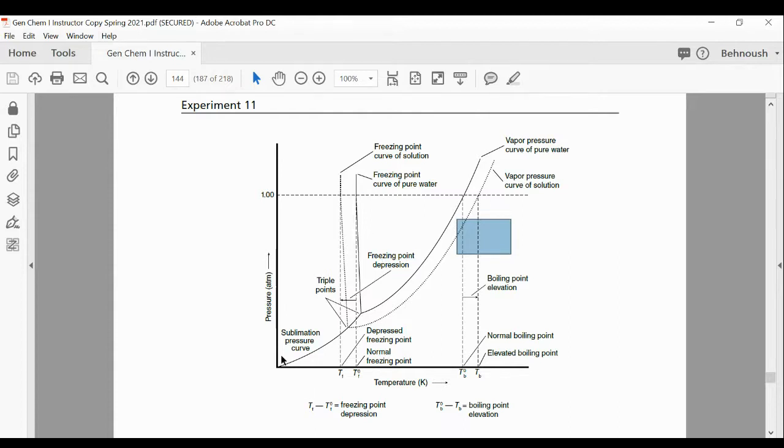So with these lines, this area here is solid, down here you have gas, and up here you have liquid. The triple point is when all three phases coexist. If you increase the temperature slightly, it can go from liquid to gas, or from solid to liquid, or if you decrease it, it would go back.